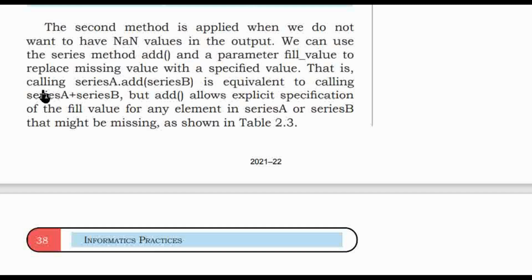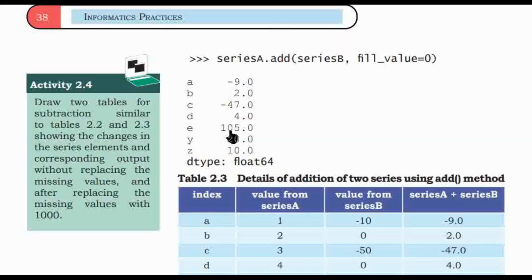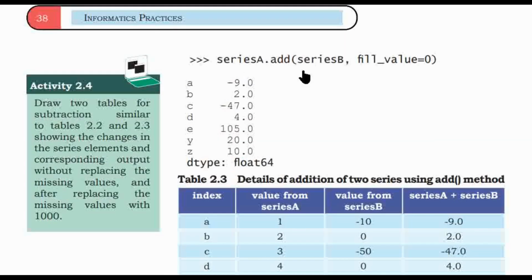That is, calling series A.add(series B) is equivalent to calling series A plus series B, but the add function allows explicit specification of the fill value for any element in series A or series B that might be missing, as shown in table 2.3. Series A.add(series B, fill_value=0): minus 9.0, 2.0, minus 47, 4.0, and 5.0, 20.0, 10.0.